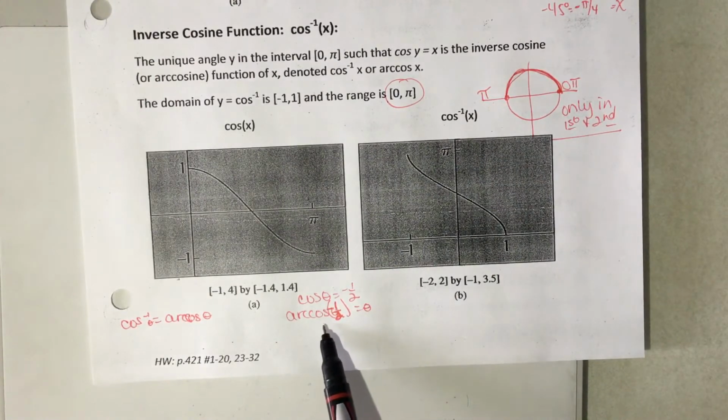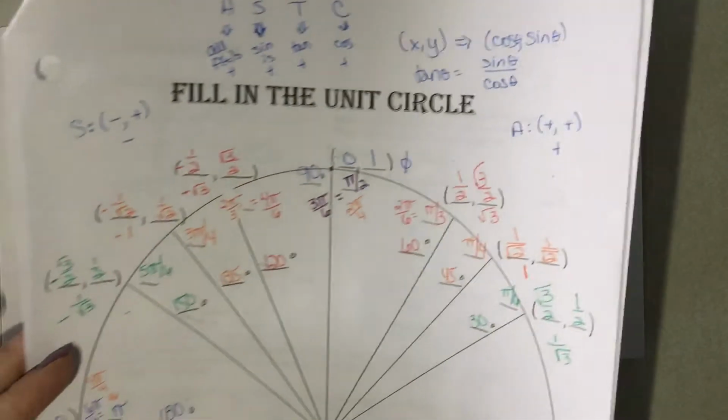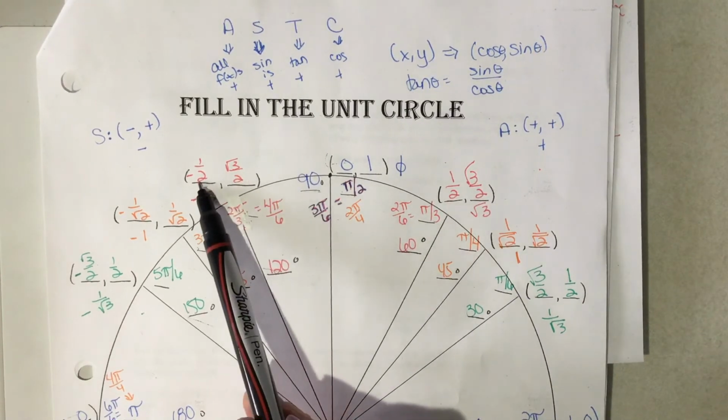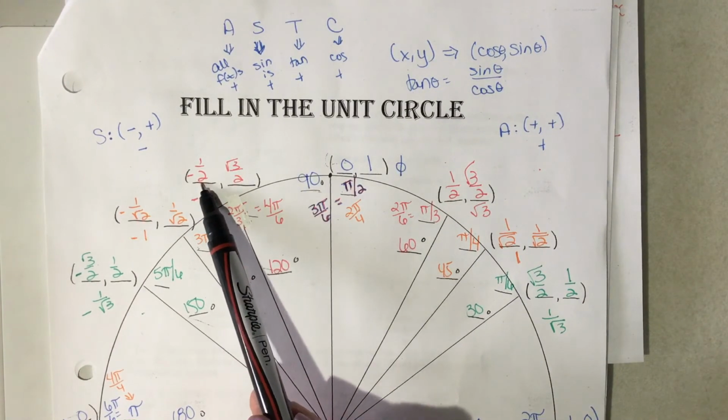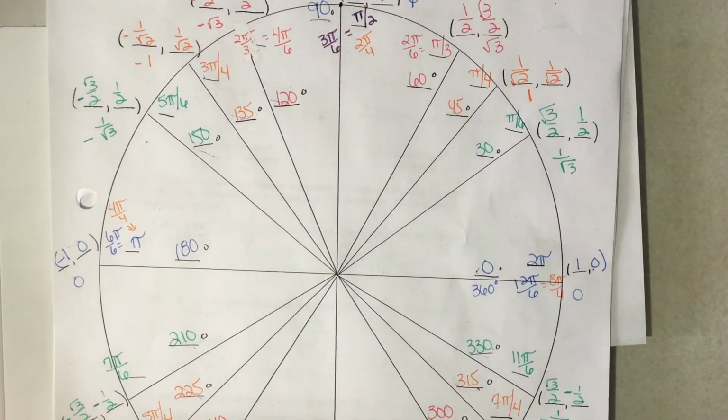All right, so now I go and I look for cosine at -1/2. All right, where do we see cosine at -1/2? I see a cosine of -1/2 in the second quadrant, and I see a cosine of -1/2 in the third quadrant.